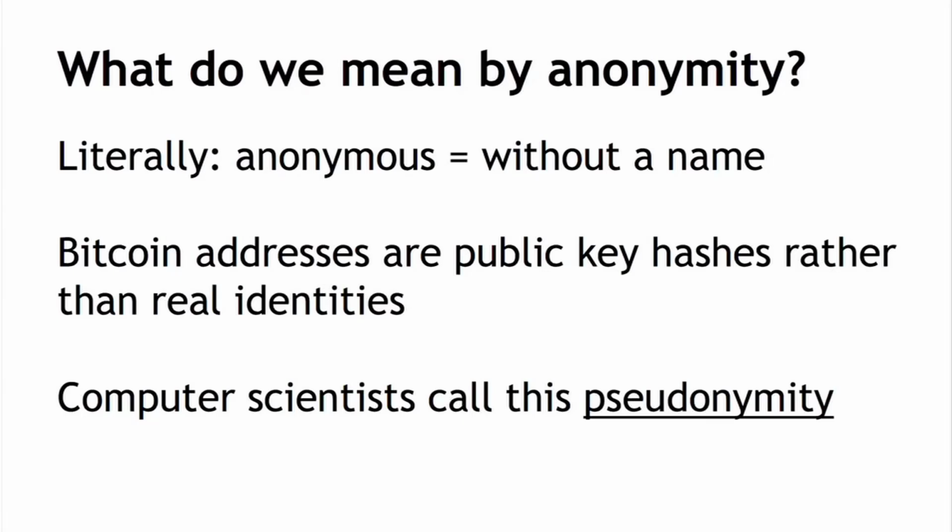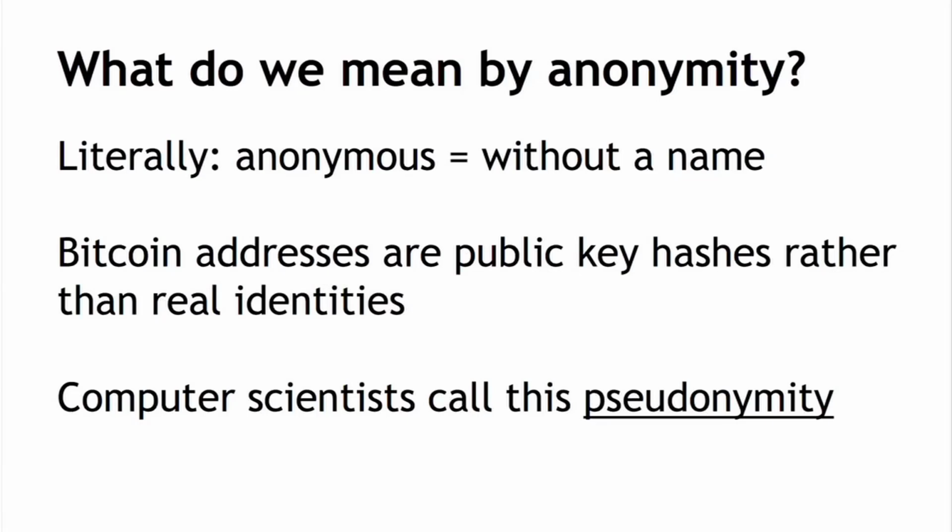But we can interpret this property of being without a name in two different ways. We can interpret it as interacting without your real name, or we can interpret it as interacting without any name at all. Now, if you interpret it as interacting without your real name, then certainly Bitcoin is anonymous in that sense. But we do have these public key hashes that act as some sort of pseudo-identities.